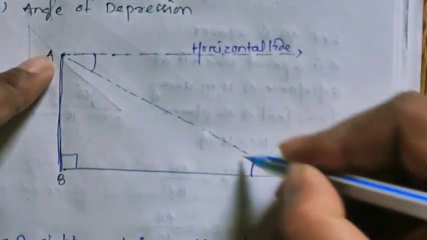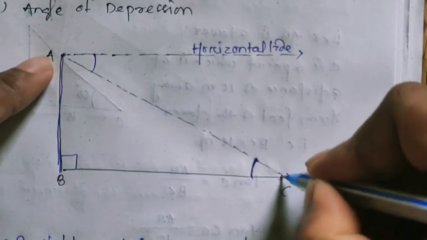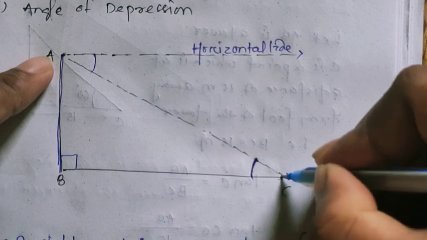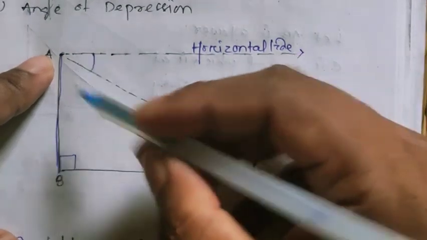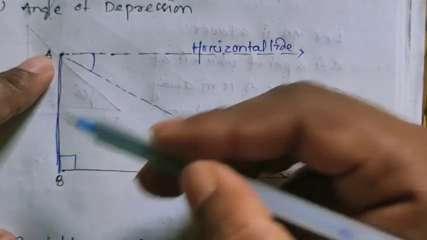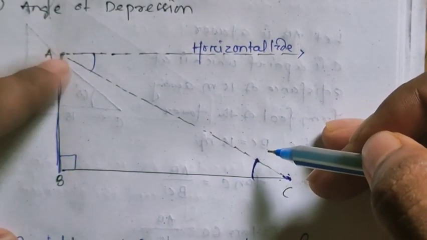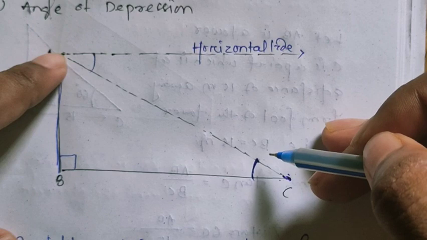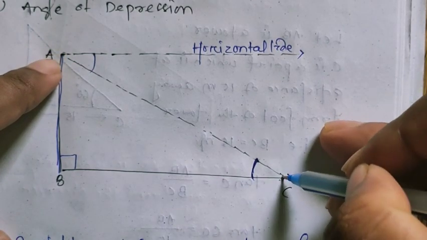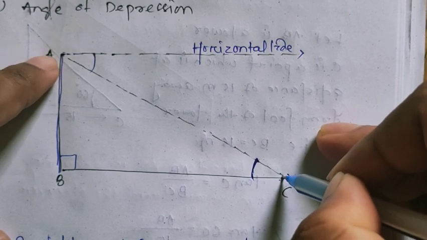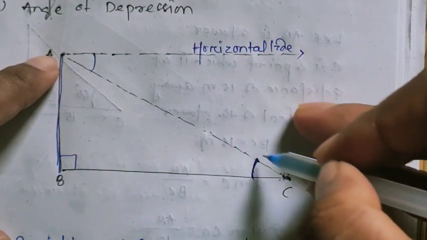from the eye of an observer to the point on the object viewed. I am watching this object, the top point, and this is the point I want to see. So the line joining the eye of the observer to the point the observer wants to view is known as line of sight.